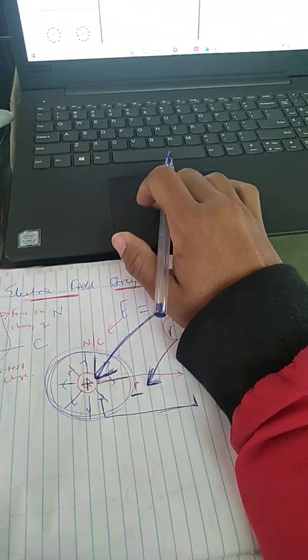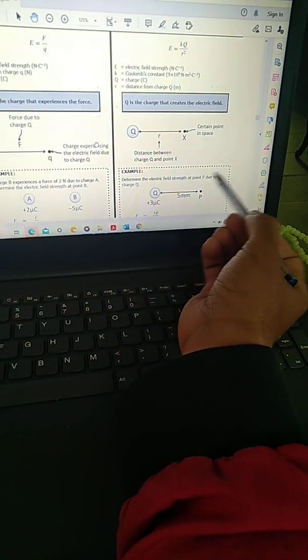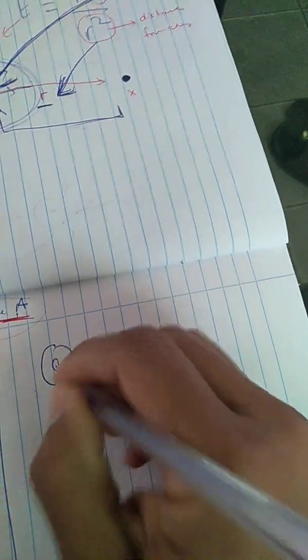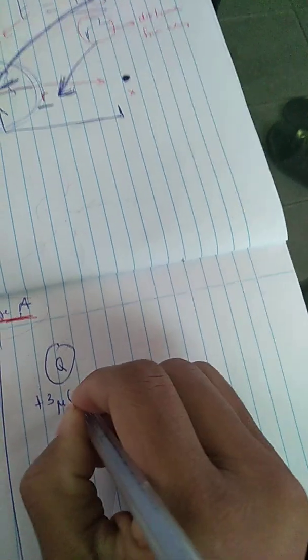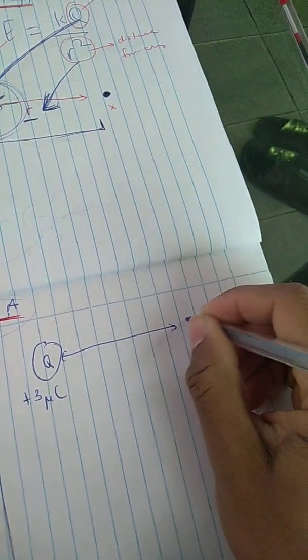Very important. So let's say they ask to determine the electric field strength at point P due to charge Q. In this case, we have Q of positive 3 microcoulombs, and we have P there as a point.